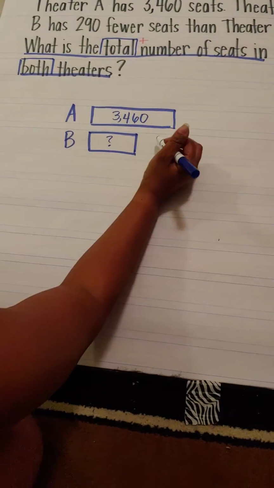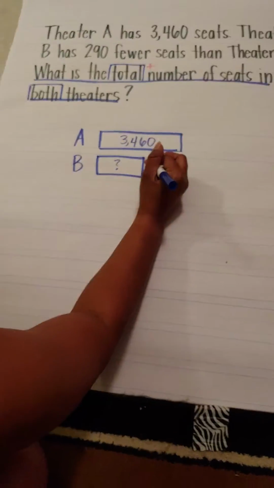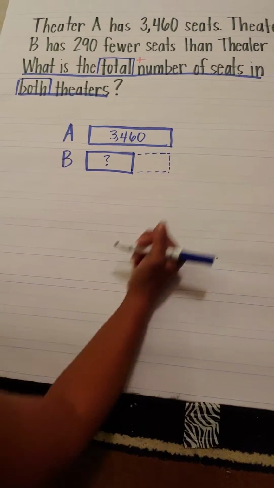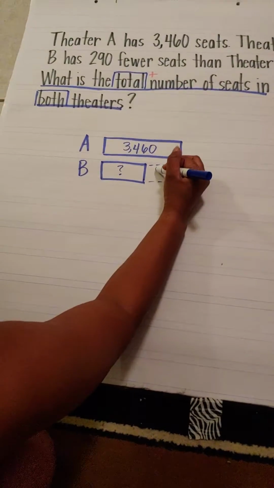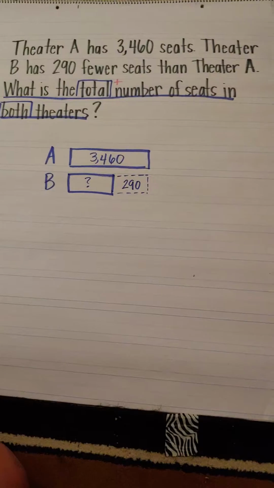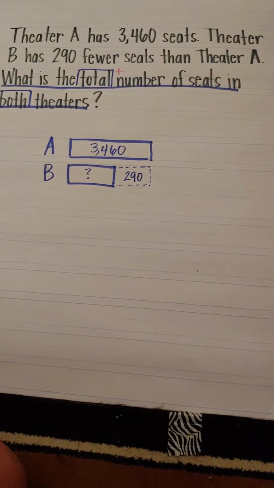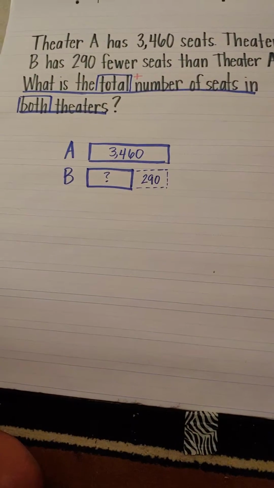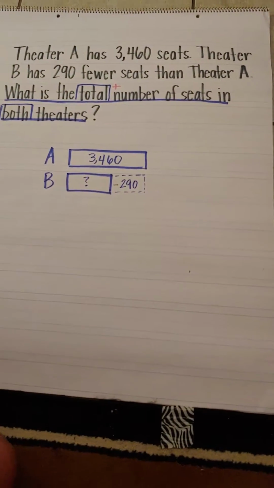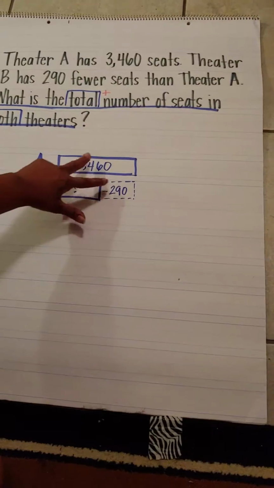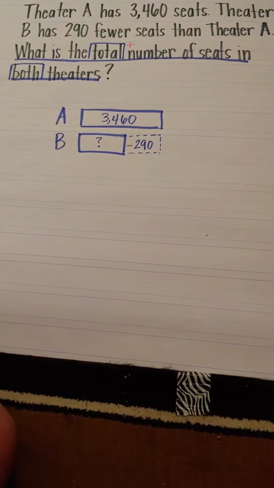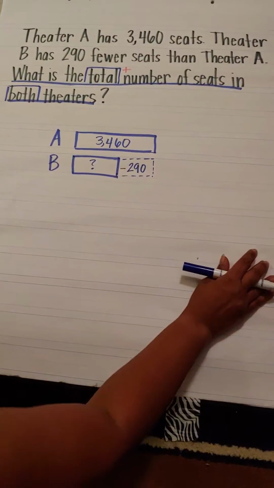So one strategy that you can do is you can actually make an invisible box, and you can put 290 right there. And since you know that it's 290 fewer, if it would help, you could even put a subtraction symbol right there in front of it. So that way you know that you need to subtract both of these numbers. So we're going to go ahead and subtract both of those numbers really quickly.